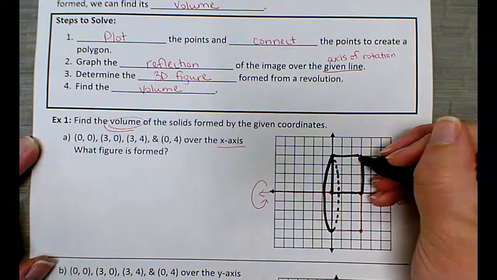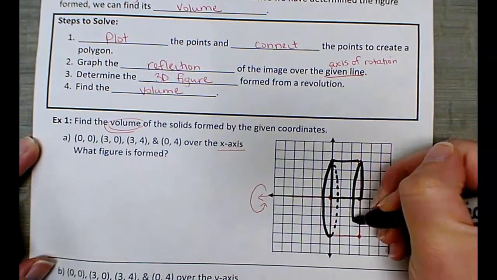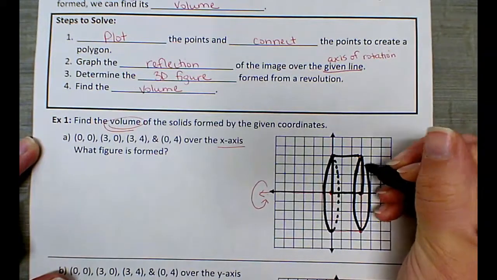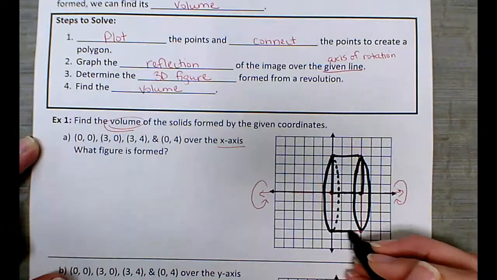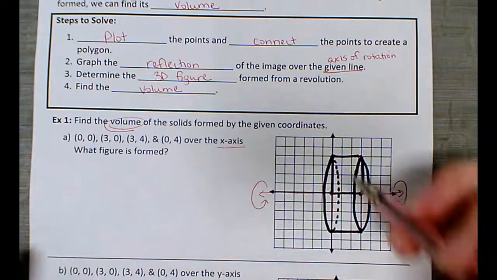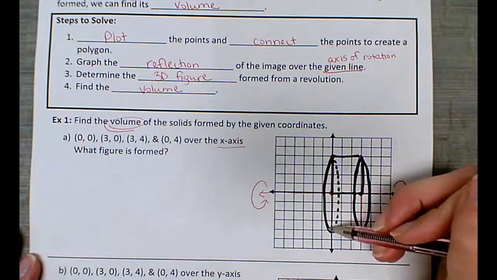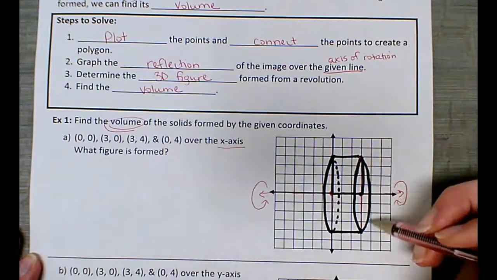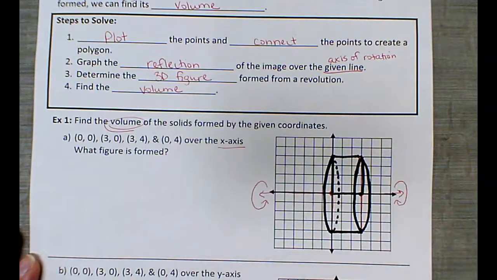It's going to curve around here, and then it's going to go behind the figure. So once I have that figure reflected, and then I've drawn the actual rotation of that vertex all the way around, kind of makes an oval here or an ellipse, the figure that's formed is a cylinder.